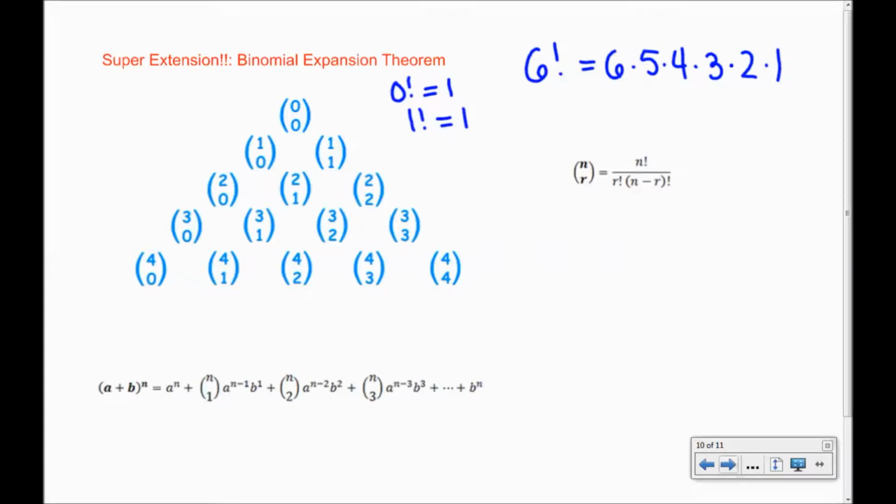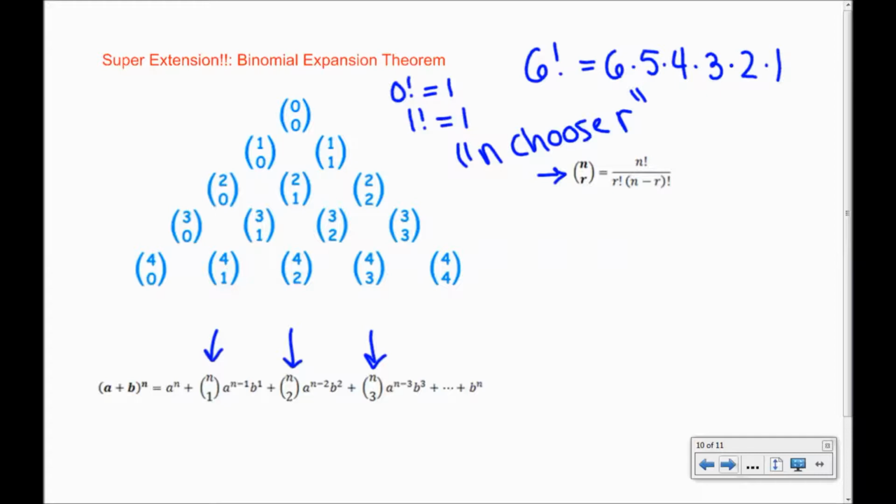Okay, so we say this, we say n choose r when we're speaking. Okay, so that's called the binomial coefficient. Coefficient because it goes in front of the numbers of our binomial expansion.